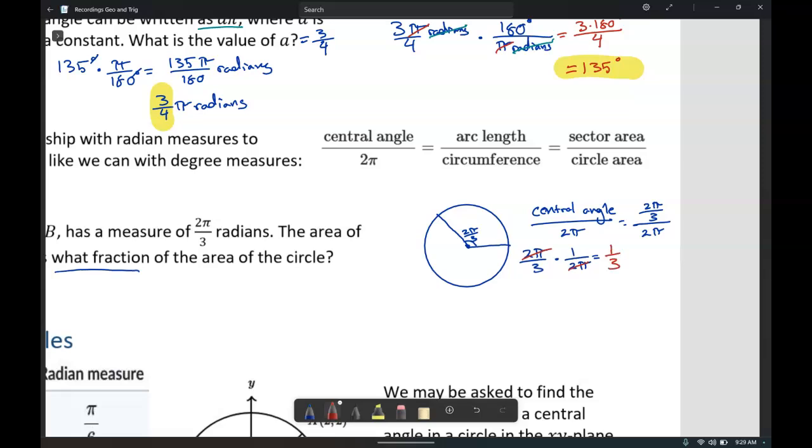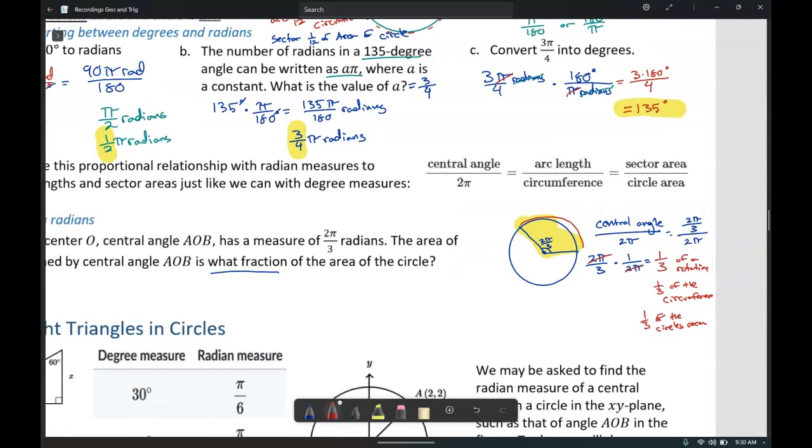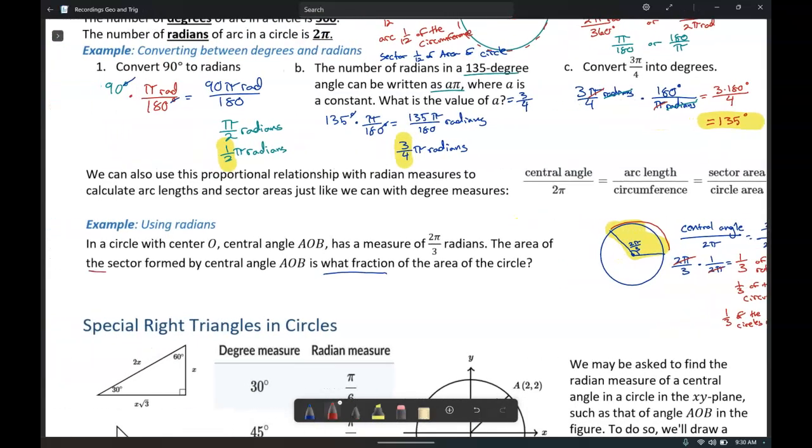So our angle of rotation is 1/3 of a rotation. Our arc length is 1/3 of the circumference. And the area is 1/3 of the circle's area. And that answers this question right here. The area of the sector is 1/3 the area of the circle.